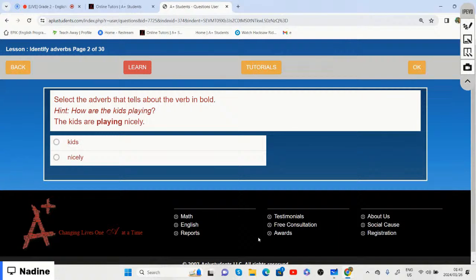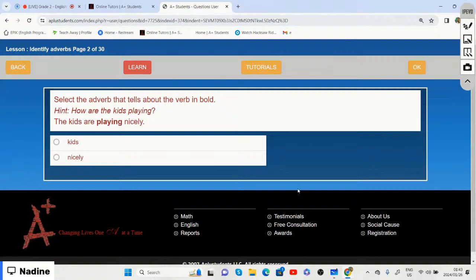So now we need to select the adverb that tells us about the verb in bold. How are the kids playing? So we're saying the kids are playing nicely. Nicely. So how are the kids playing?